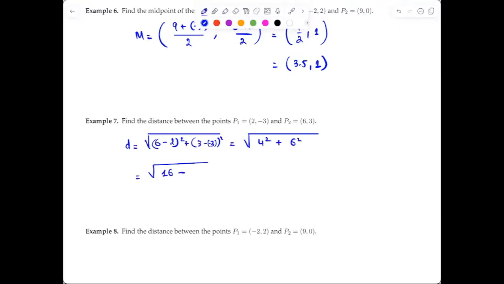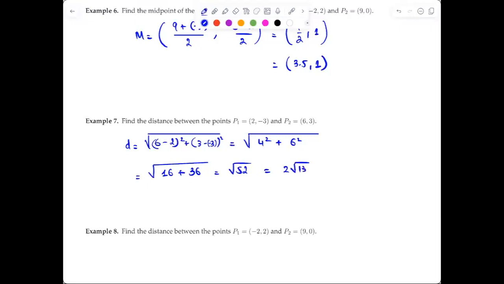So this is square root of 16 plus 36. You got square root of 52. Can simplify this further. 52 is 4 times 13. So you get 2 times square root of 13.